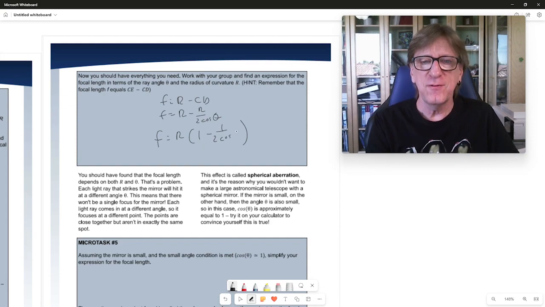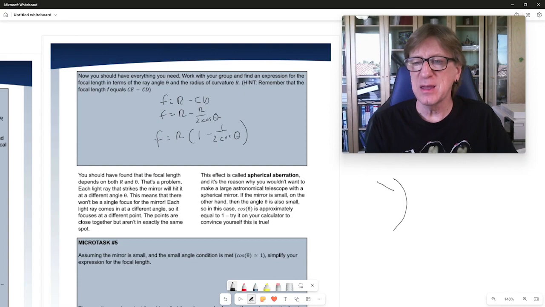The focal length depends not only on the radius of curvature, but also on the angle at which the light is coming in. So if this is my sphere, this is my mirror, if I've got light coming in at some angle here, it's going to reflect at a different focal point than I would have gotten if I had one coming at a slightly different angle into there.